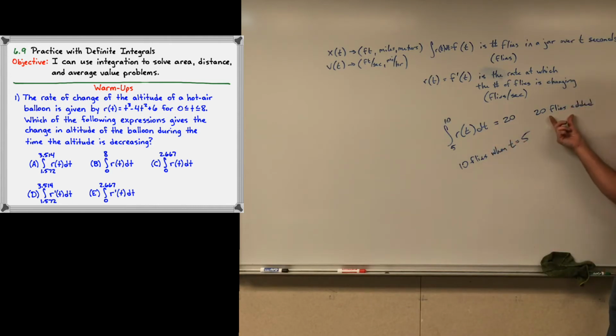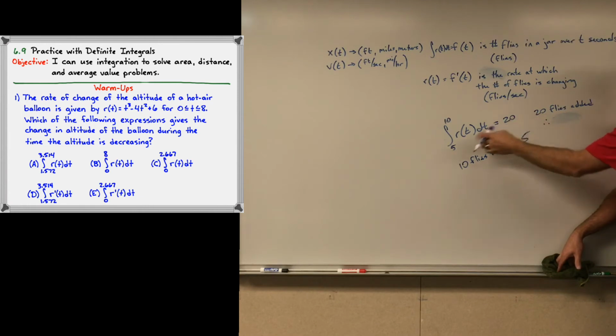Then what else does that imply? That flies are going in. Therefore, how many flies are in the jar? Oh, 30, you're right. There were 10 at t equals 5 at the beginning, and 20 flies were added. Therefore, there are 30 flies in the jar.